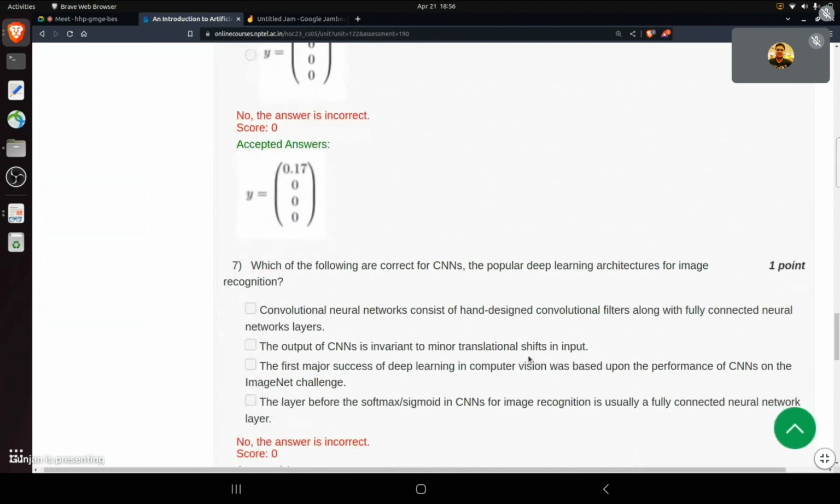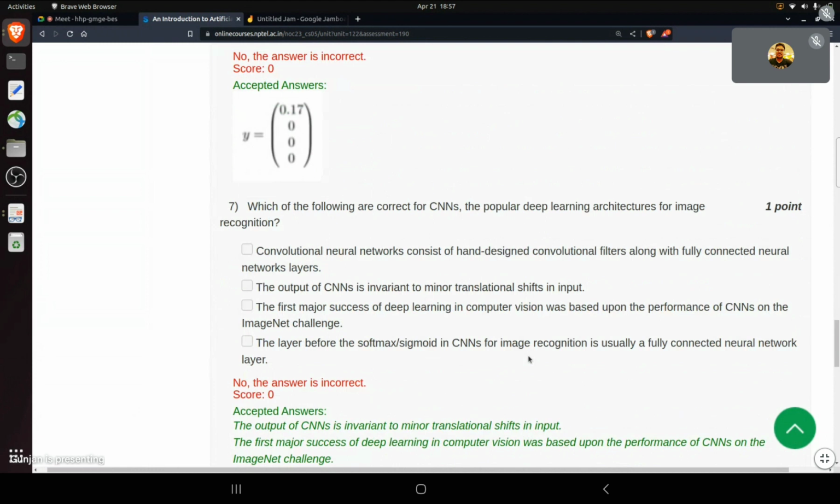The output of the CNN is invariant to minor translational shifts in input. Yeah, that's true. Explained in the class. But it says translational shifts in input, right? So the robustness issue will then be a problem, right? What do you mean robustness? It says minor. What does translational shift mean first? Translational shift means moving every pixel to the right or left or up or down.